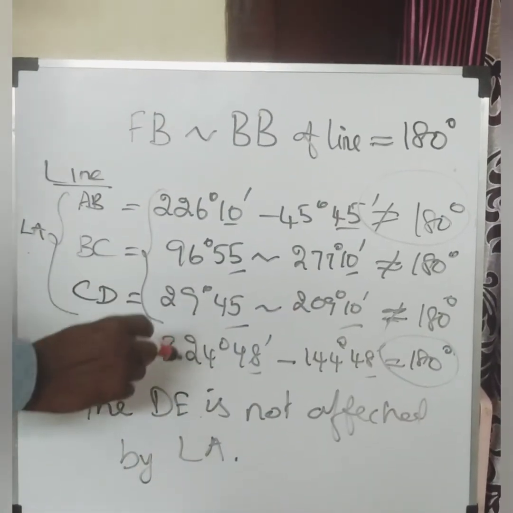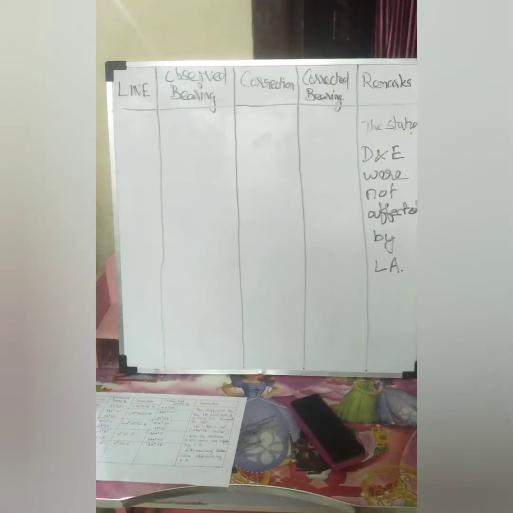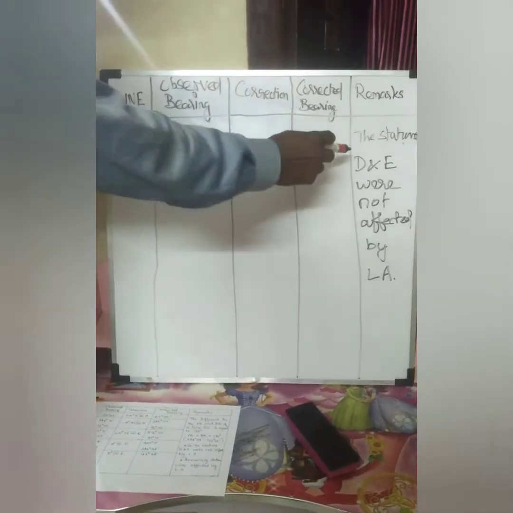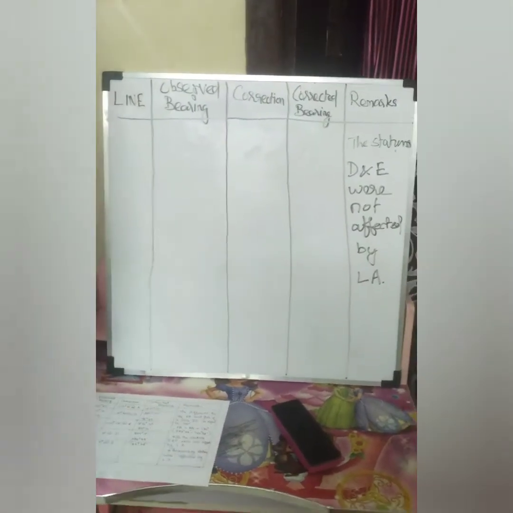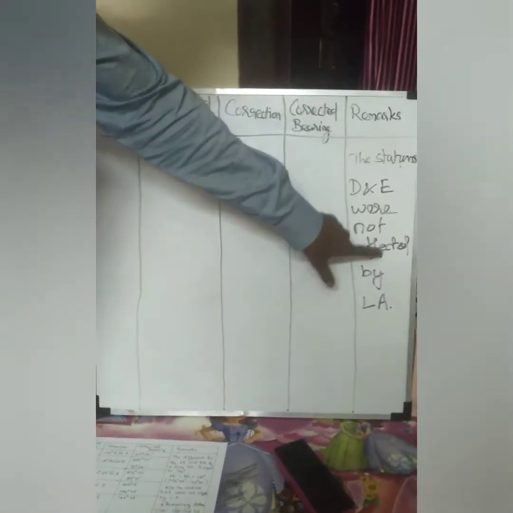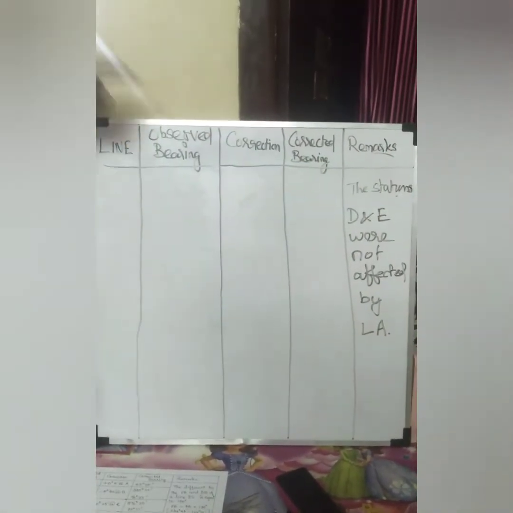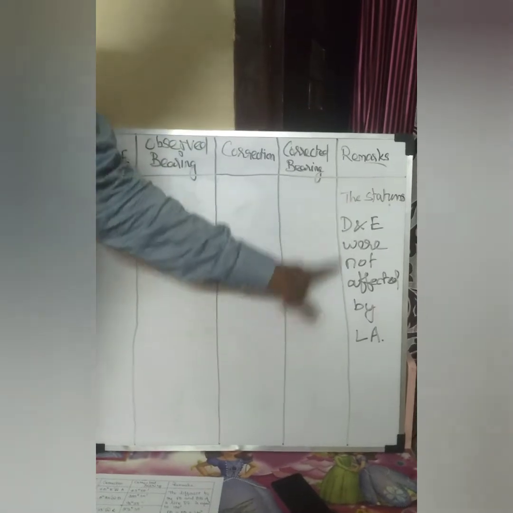This is the final conclusion from the given observation. Finally, we can conclude the stations D and E were not affected by local attraction. These are the remarks written below the table.